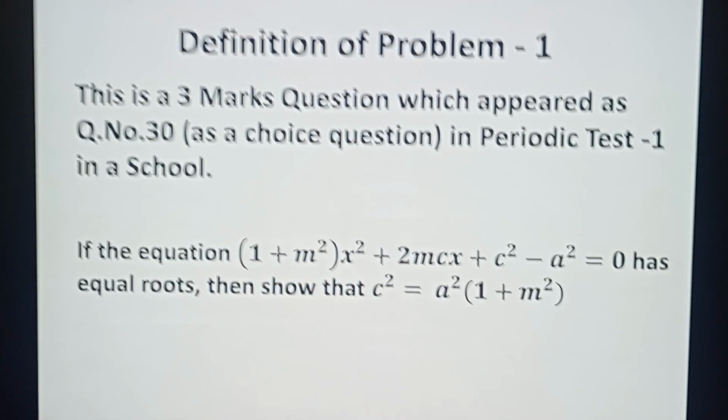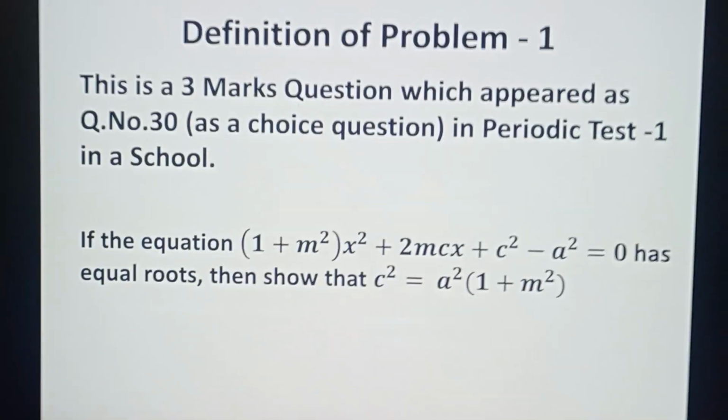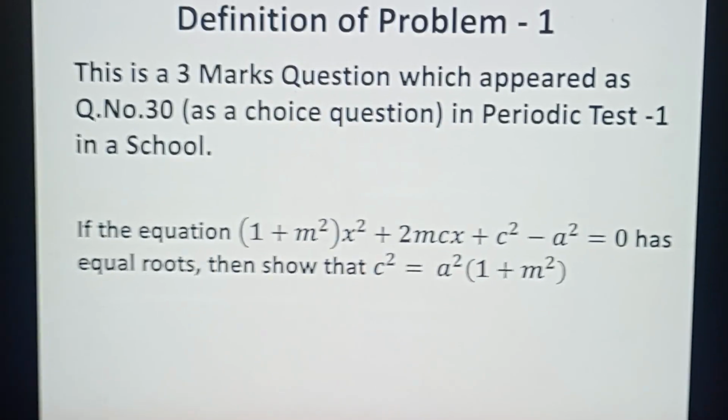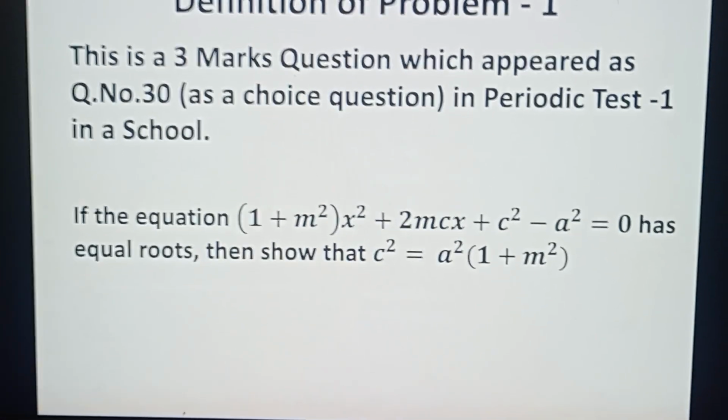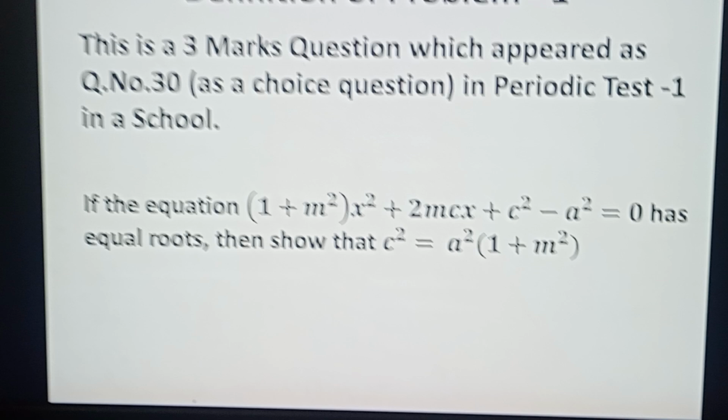The definition of problem 1: this is a 3 marks question which appeared as question number 30 as a choice question in a periodic test in a school.